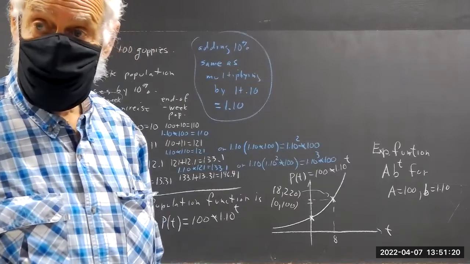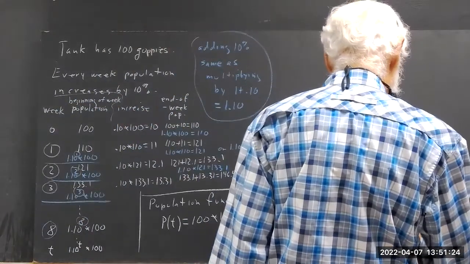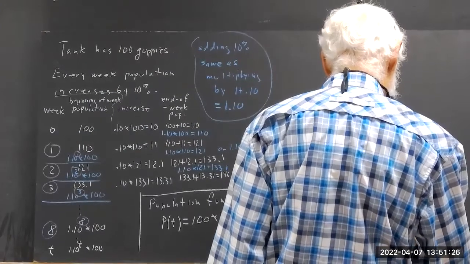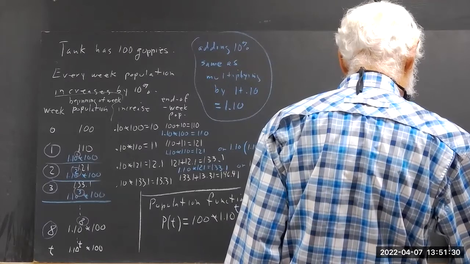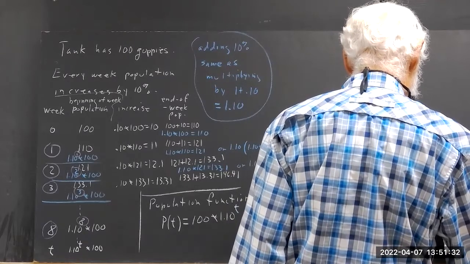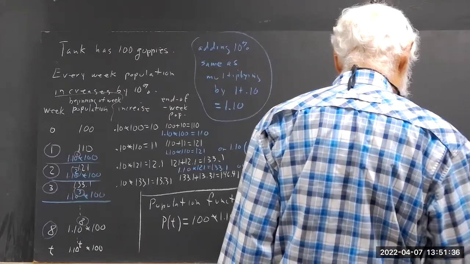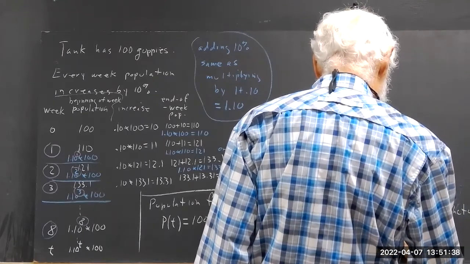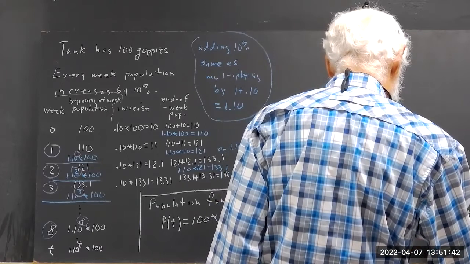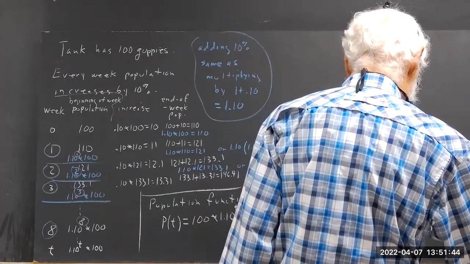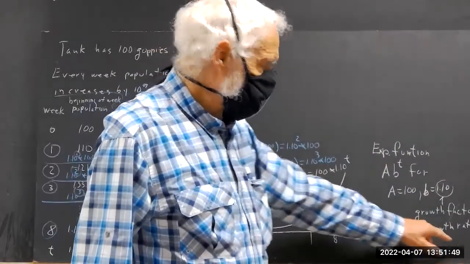So a little bit of terminology. The value of b is your growth factor, and it's 1 plus the growth rate.